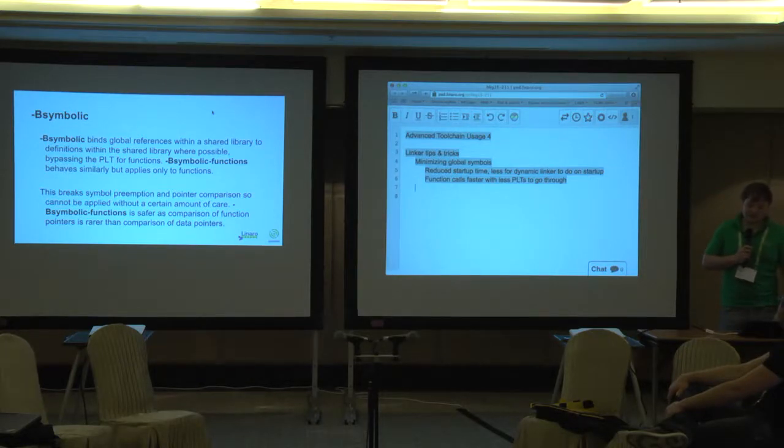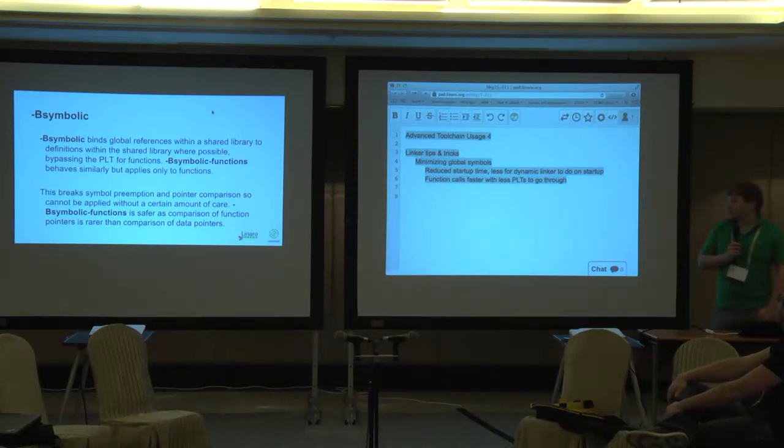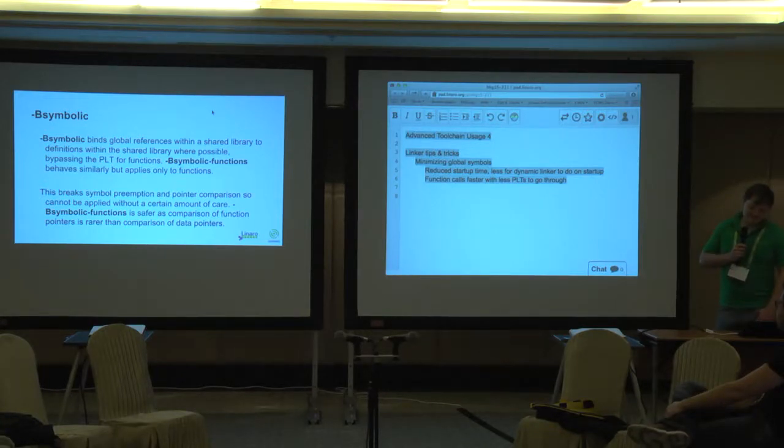You don't want some things to go, oh, I know that my version of malloc is actually in this object, I'll just call it directly. And also pointer comparison is affected by -Bsymbolic, which means that if you do odd things like compare two function pointers for equality, and you've used the -Bsymbolic flag on the linker, that comparison might not work anymore.